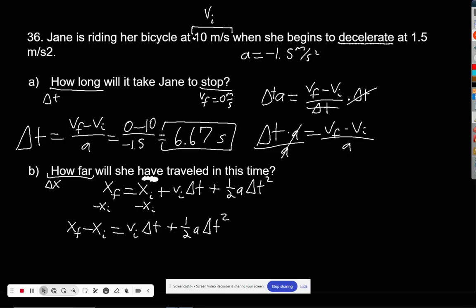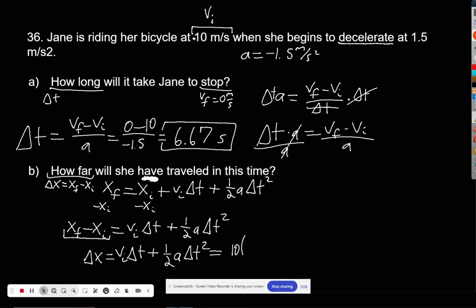Then I just need to remember that xf minus xi is displacement. So I could simplify this, or rather substitute in and just say displacement is equal to all that other stuff. And luckily, we have all that other stuff. Initial velocity is 10.